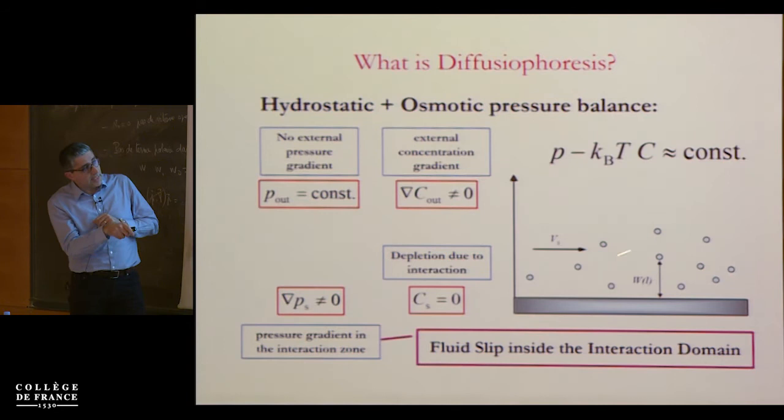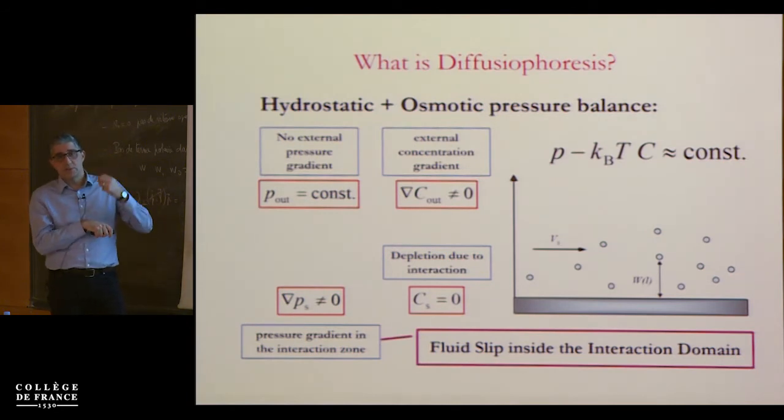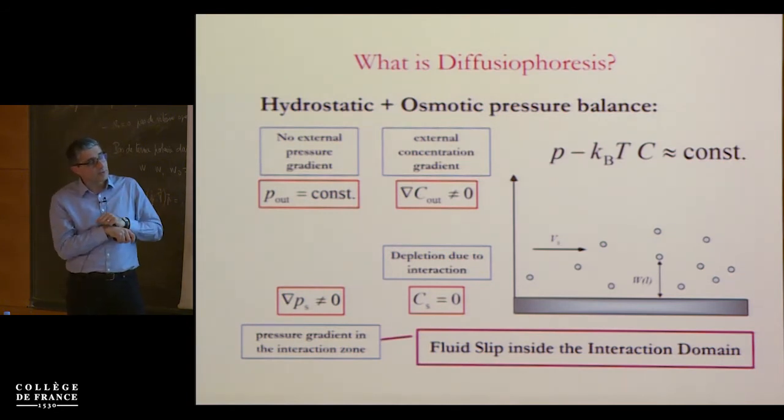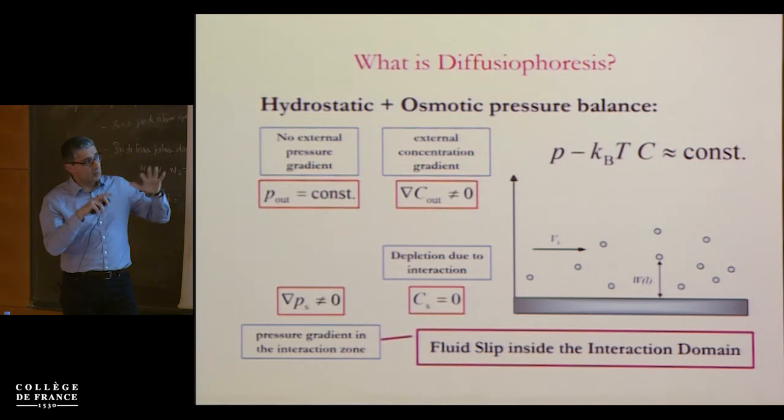And that means there's a layer here very close to the surface where the solute molecules interact with the surface, where actually there is hydrostatic pressure, even if there is no hydrostatic pressure outside of that layer or imposed globally onto the system.